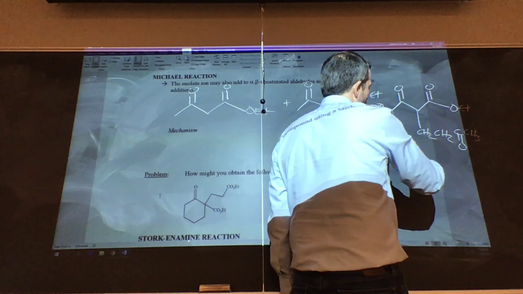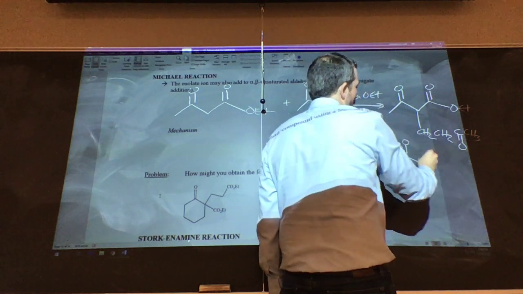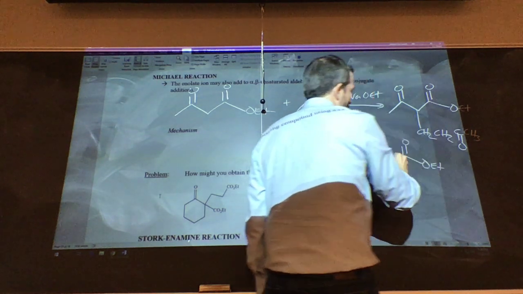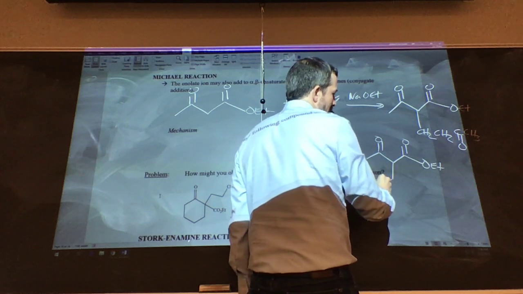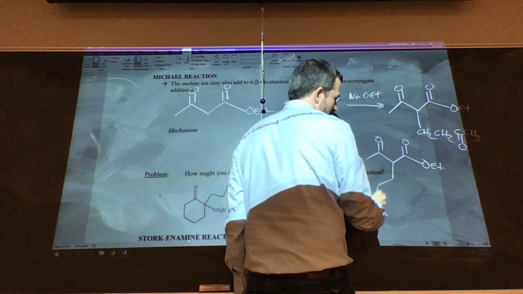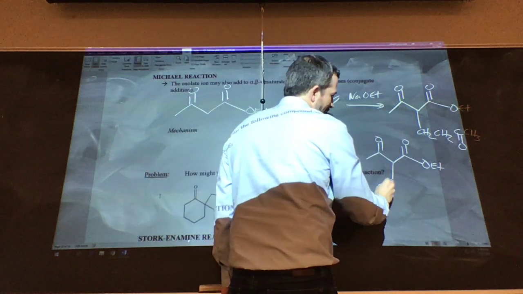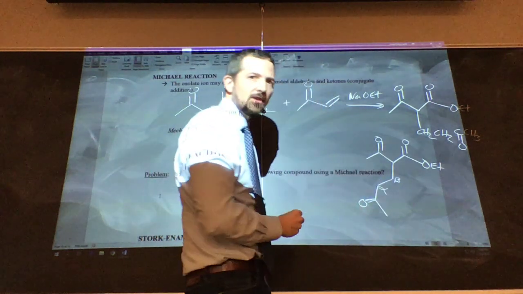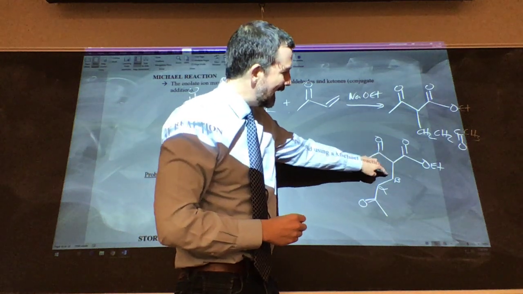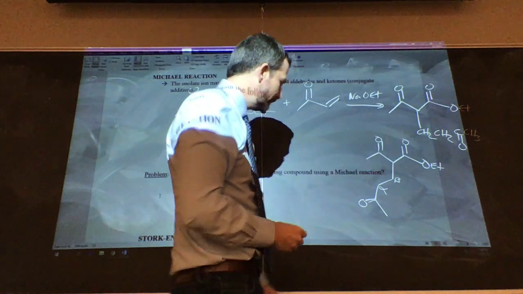If I did a line structure, I'd say CH2, CH2, C double bond O, CH3. So it looks something like that. Here's my alpha position, here's my beta position, so you can see that it added to the beta position.